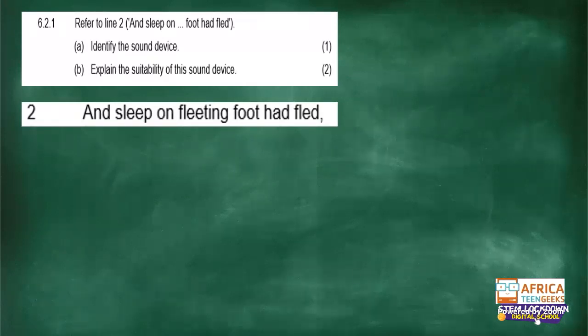What is the sound device from line 2? Is it Yaya? It's alliteration. Well done.